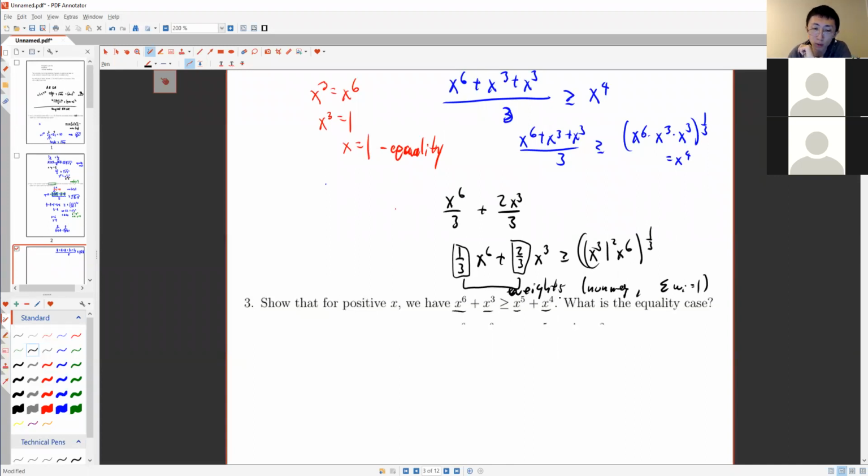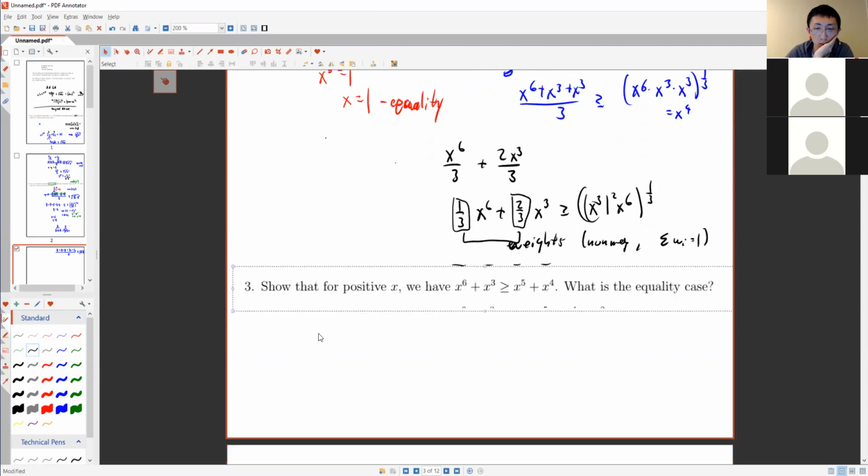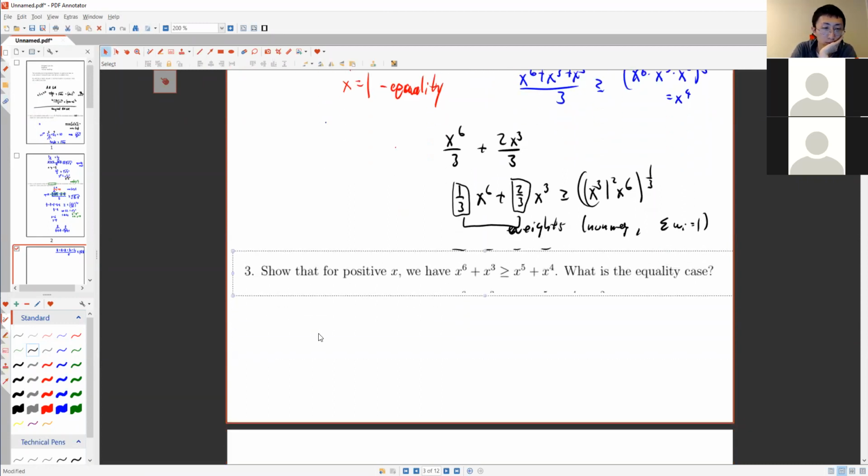So there's probably multiple ways to do this. Can anyone think of one way? If I said x was non-negative, we couldn't divide by x, but I guess we can divide by x cubed, and that'd be fine.